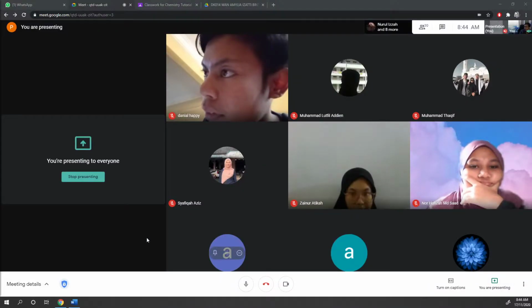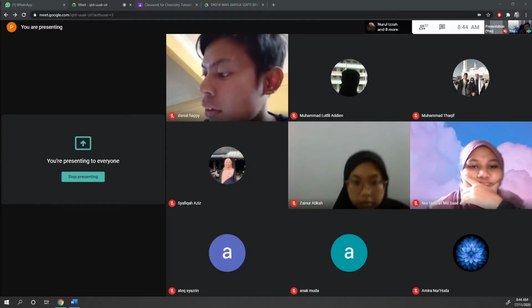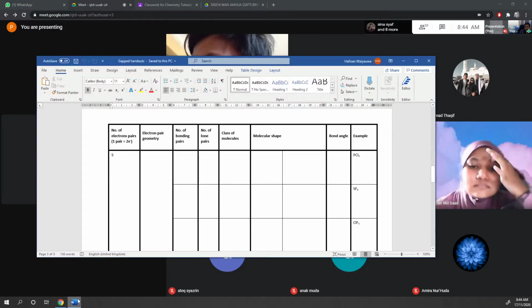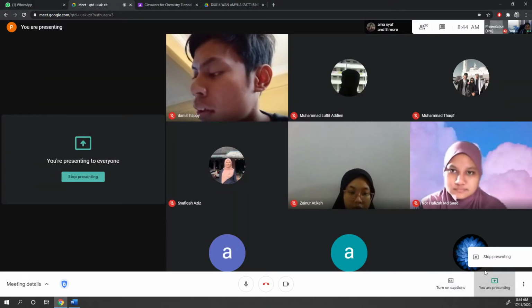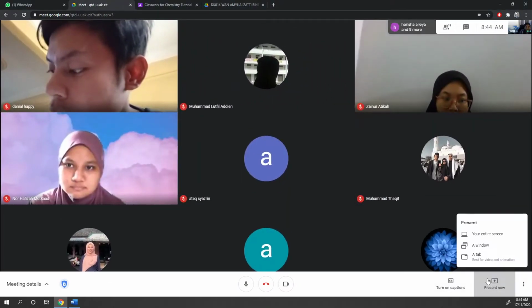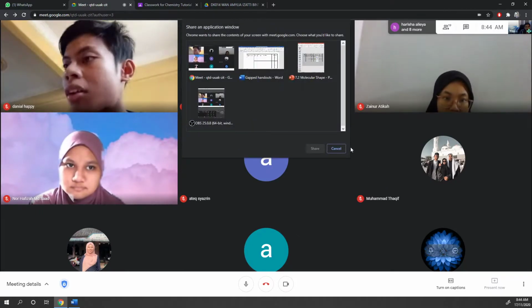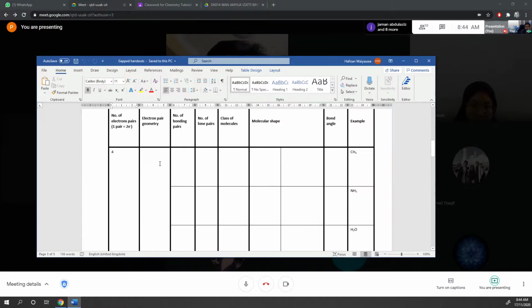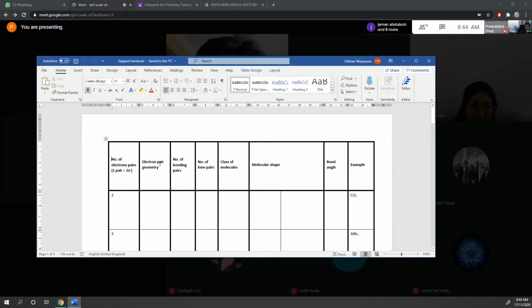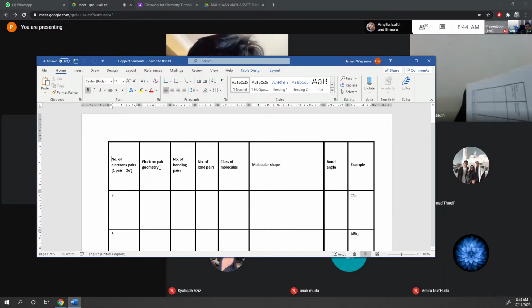But siapa yang tak pergi, so what I want to do is kalau you guys tengok you punya get handout, kalau tak ada you guys boleh buat. I want you guys to fill this dekat electron pair geometry. Okay, apa nama-nama dia?